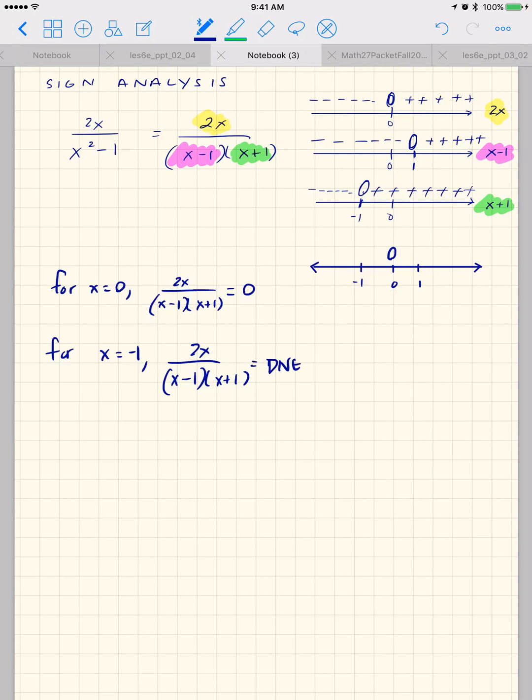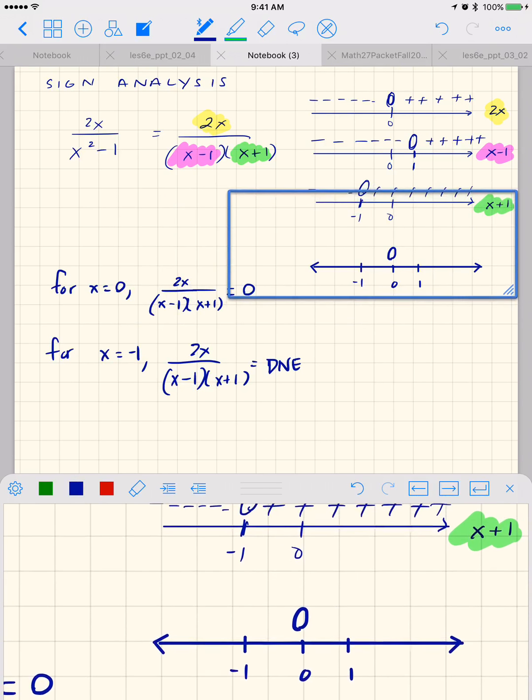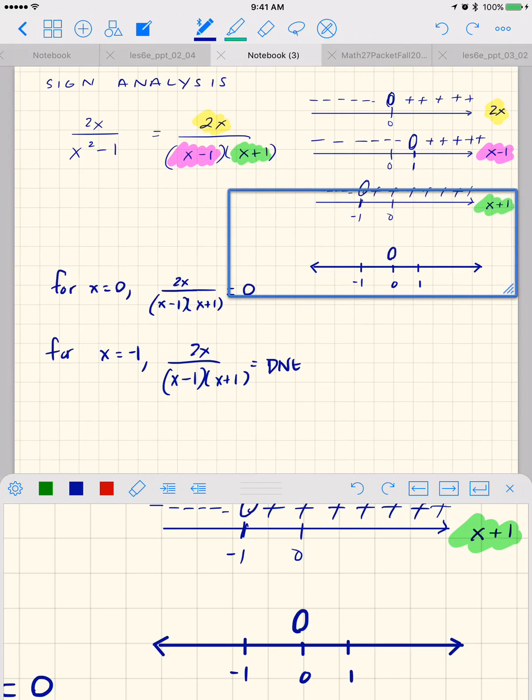So I'll put does not exist. So I turn my graph to the side and put in here, does not exist. And similarly, we'll get does not exist for x equals 1.